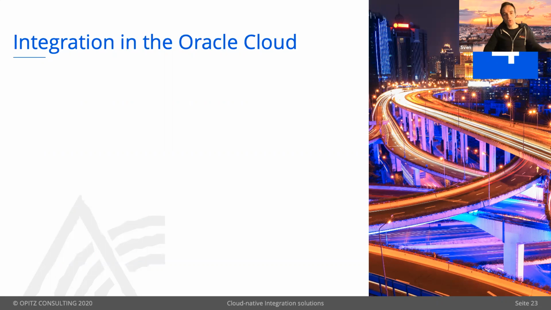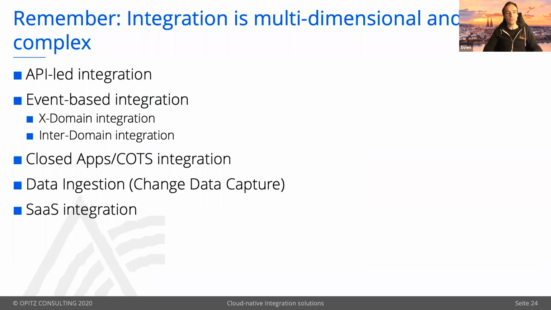So how can integration be implemented in the Oracle Cloud? We have, as I said, multi-dimensional and multi-layered problems. So we need to cover vertical integration by implementing API-led integrations. Then we have something like event-based integrations.